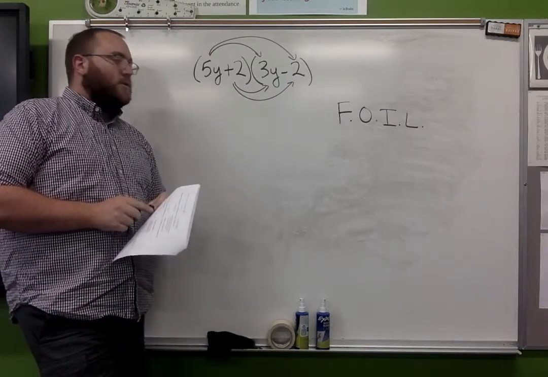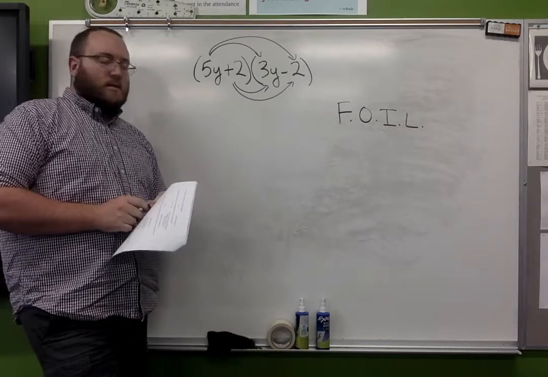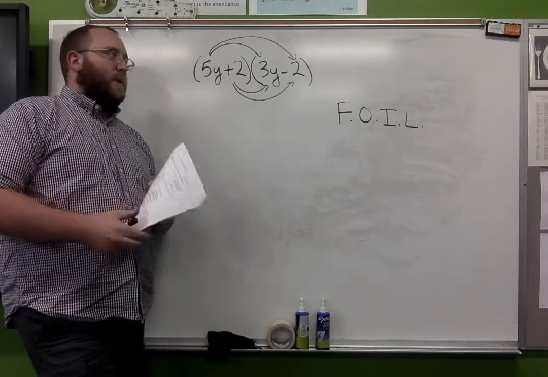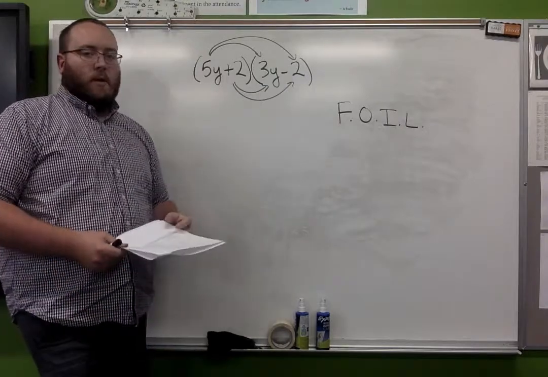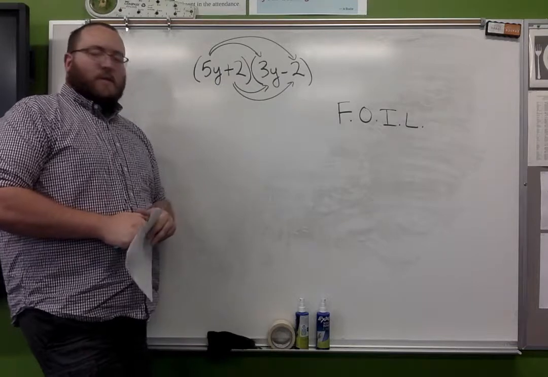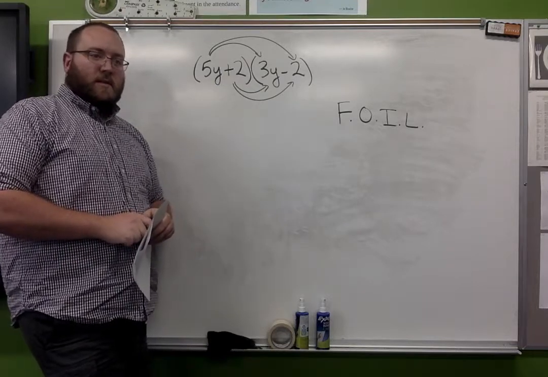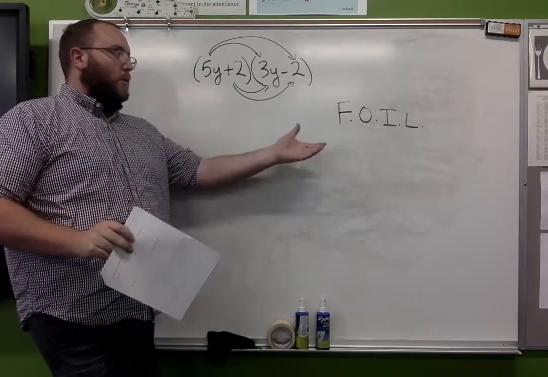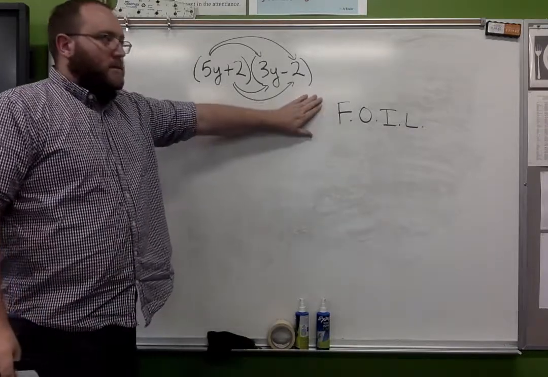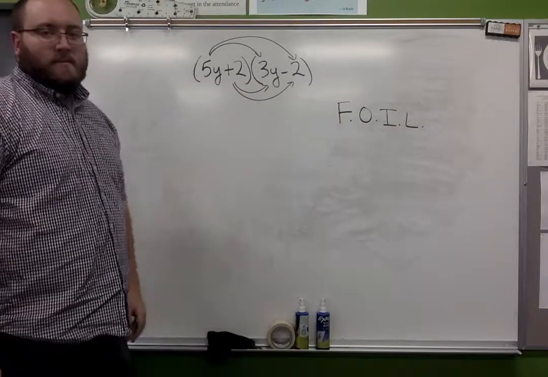A lot of other teachers will say FOIL. FOIL is not correct. FOIL is a nice little acronym to teach you how to do a binomial times a binomial. But what happens is it ends up hurting you because they don't teach you the differences and what makes it only work for one thing. FOIL is a method that only works in this instance.